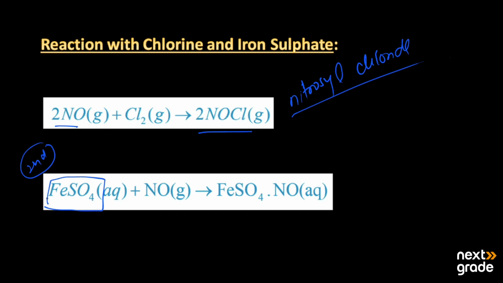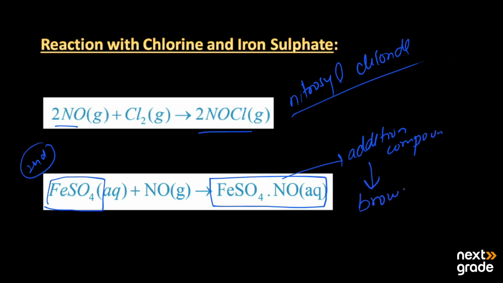Basically, it forms a brown colored addition compound, which is FeSO4 and NO. This is called the addition compound, and its color is brown. It is formed and used to confirm the presence of nitrates. That test is also called the ring test for the identification of the compounds.